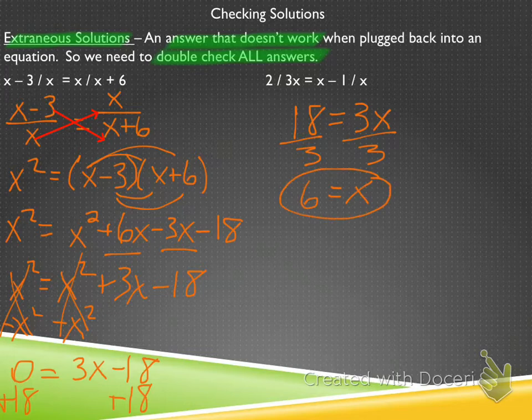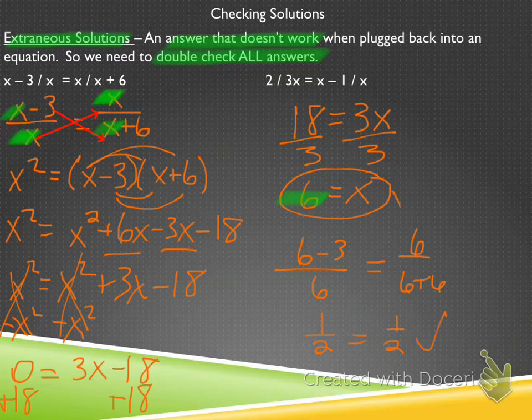And again, I have to double check all my answers. I take this 6 and plug it in for all these x's in my original equation. So I get 6 minus 3 divided by 6 equals 6 divided by 6 plus 6. That gives me 1/2 equals 1/2. That's true, and so 6 works.